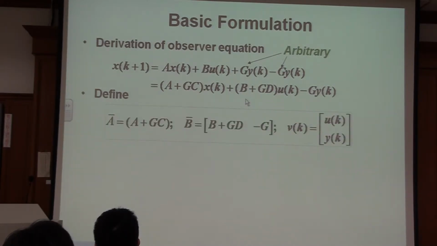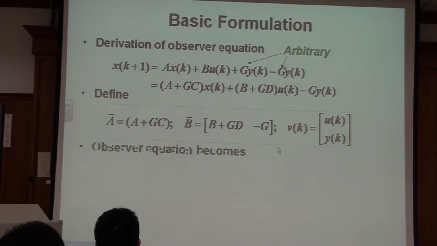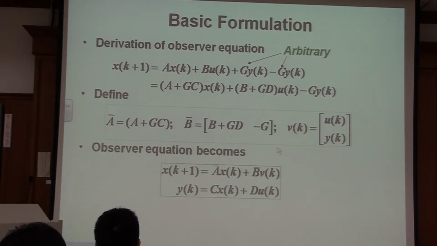Then we define A bar equals A plus GC, B bar equals B plus GD minus G, and vk equals uk stacked with yk, and we can rewrite these equations. That's what we call the observer equation.